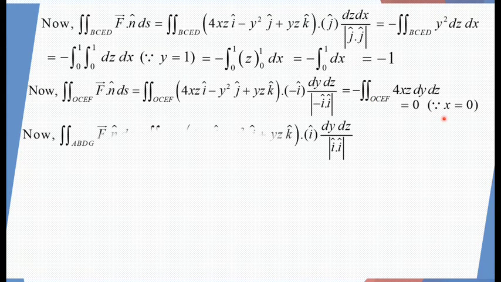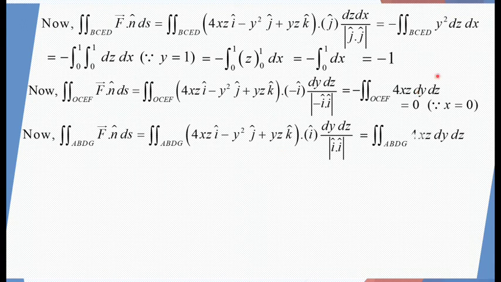So now moving on to the last face, ABDG. In this particular case, this is in the forward direction and in the yz plane. So n cap is treated as i cap and x is equal to 1. So it will be the same double integral over ABDG of 4xz dy dz. Now putting x equal to 1 and the limits are 0 to 1, 0 to 1, this will be z dz dy. So first integrate with respect to z.